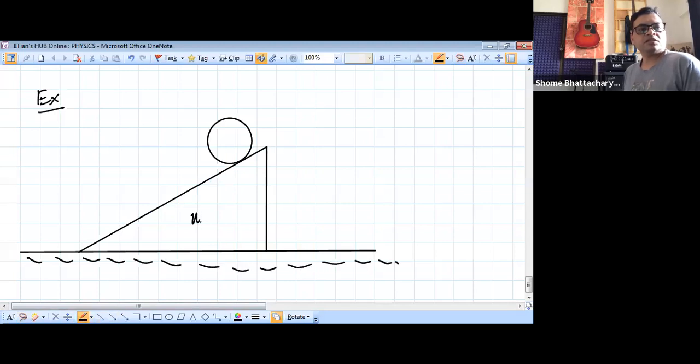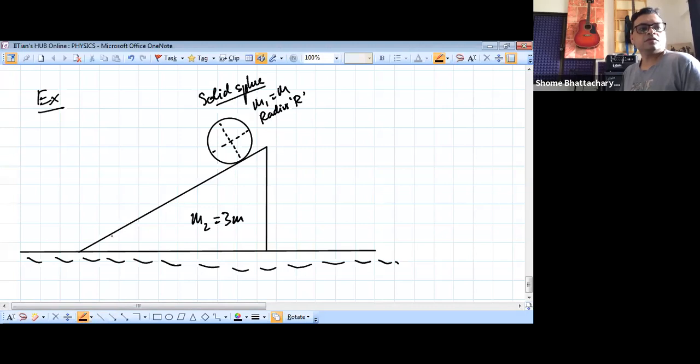We have a wedge of mass 3m, and this is a solid sphere of mass m, radius r.